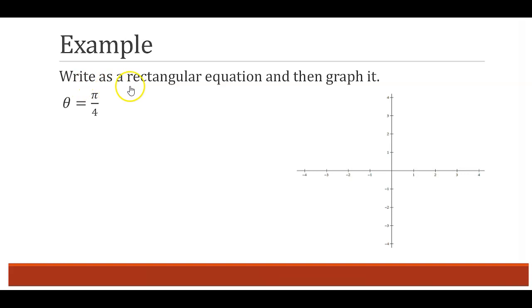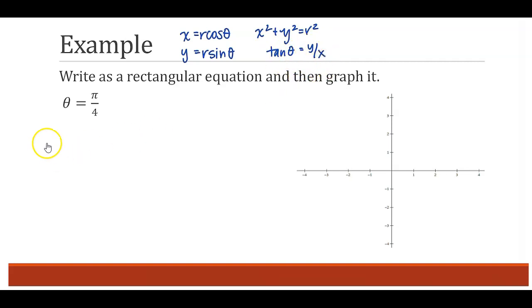And in this example, again, we want to express it as a rectangular equation and then graph it. So we have theta equal to pi over 4. If we want to include our formulas from earlier, here we have our relationships between x, y, r, and theta. What I'm going to do is take the tangent of both sides of this equation to involve the tangent theta equals y over x property.